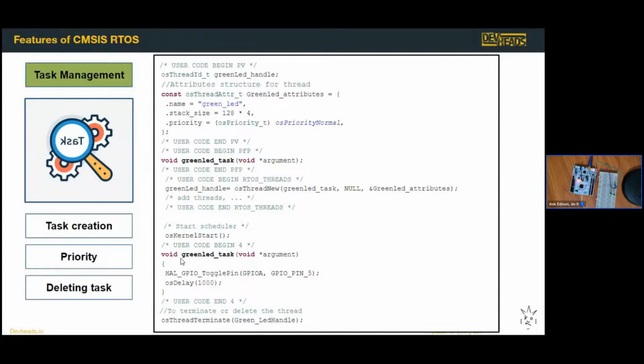down here, you'll find that we have defined the task. So we want that green LED task to run the green LED. It's always good to name your function something relatable so that you don't get confused on which task was doing what.